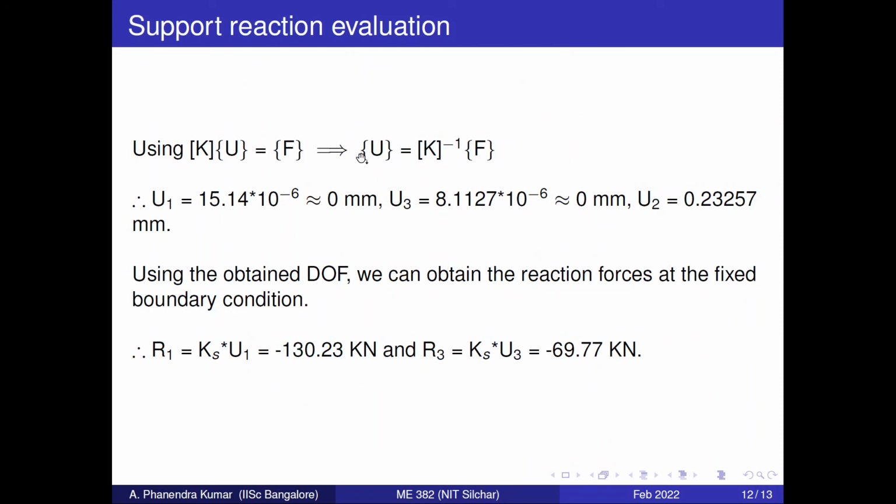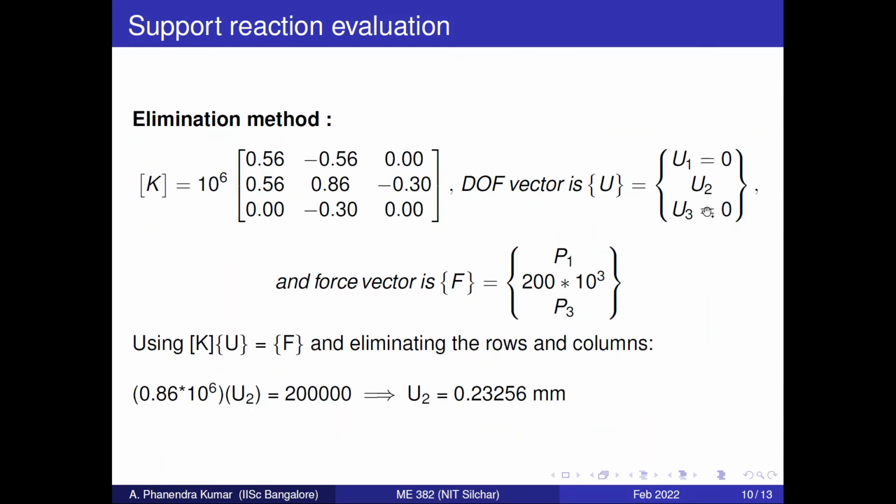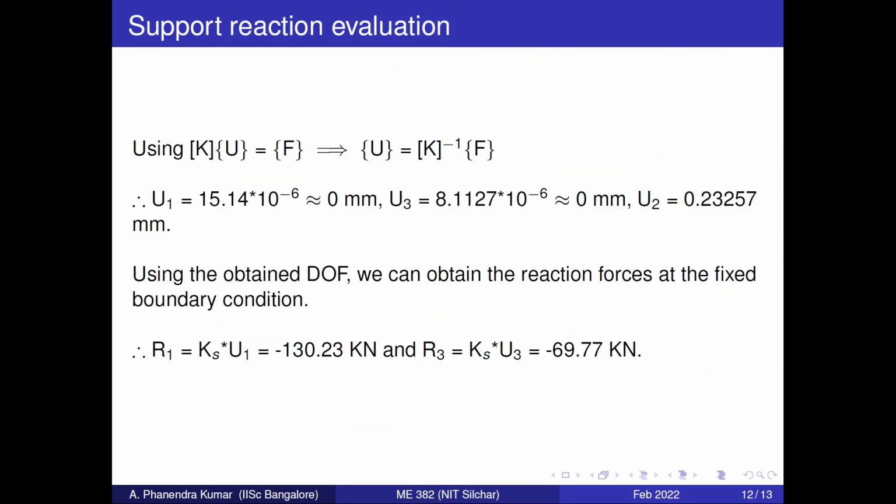So Ku equal to F, from u equal to K inverse F, once we evaluate the u vector, this is how we get u1 as 15.14 into 10 power minus 6, u3 as 8 point something into 10 power minus 6, u2 as 0.232. So the u2 value is the same using both methods, but u1 and u3 are 0 in the elimination method.